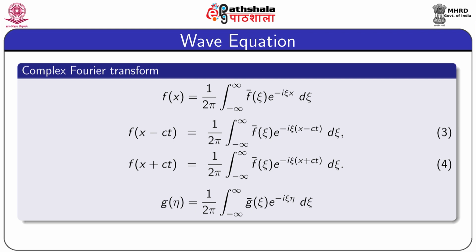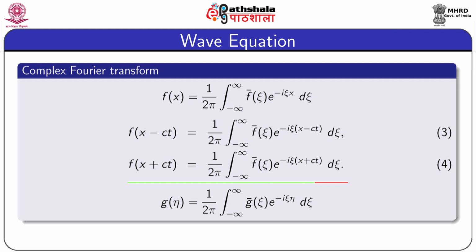In this expression, if we take the argument of f as x − ct, the value of f(x − ct) is 1/2π integral of f̄ e^(−iξ(x−ct)) dξ. So x will be replaced by x − ct in this expression. Similarly, the value of f(x + ct) can be obtained from the expression of f(x) by replacing x by x + ct.